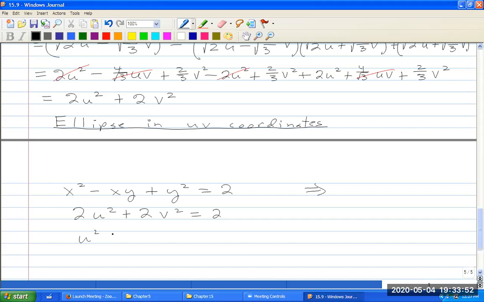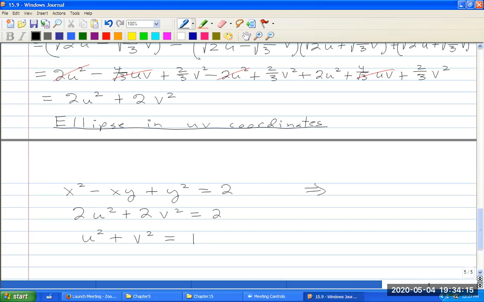And so this is just a unit circle. So I've changed this ellipse into a unit circle, which makes everything much nicer.